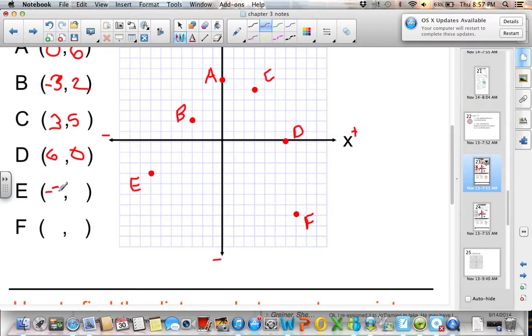So negative 7. And then down 1, 2, 3. We're going down, so it's negative 3. And then F, we're going over. I remember I went over 6 for D, so one more is 7. And then 1, 2, 3, 4, 5, 6, 7 down. So we went over to the right 7 and then down 7.